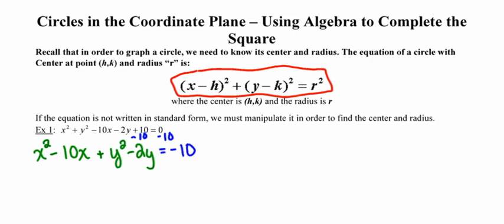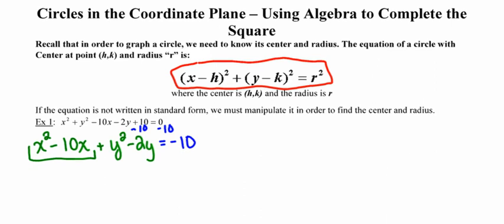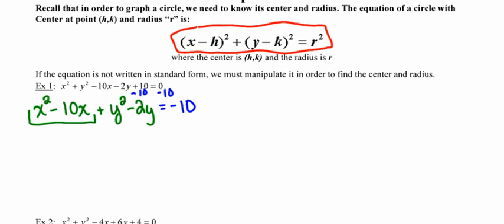Now you used completing the square last year with parabolas in order to find the vertex of a parabola, and this is going to be very similar. I'm going to start by looking at all of my terms that have an x attached to them, and I'm going to complete the square.